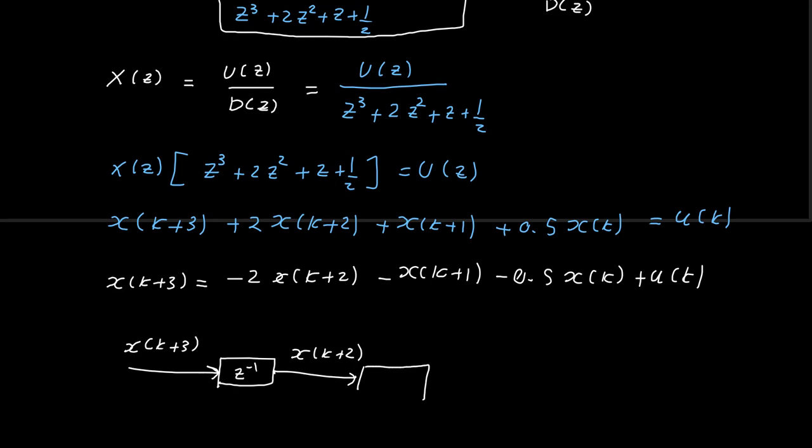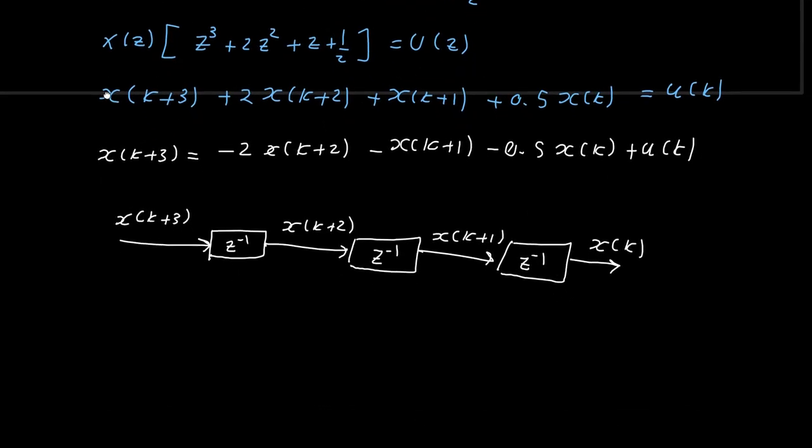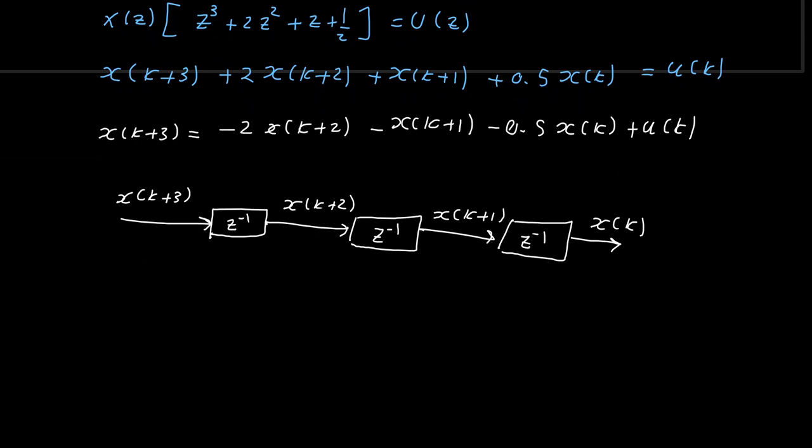Another time delay, we are getting the x of k plus 1. Finally, we need another time delay in order to construct or find x of k. So remember, the output of each time delay is a state variable.